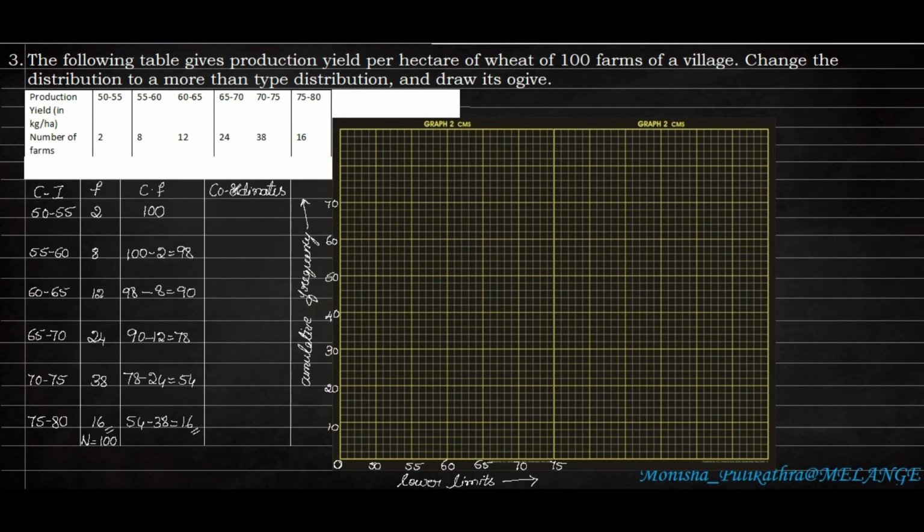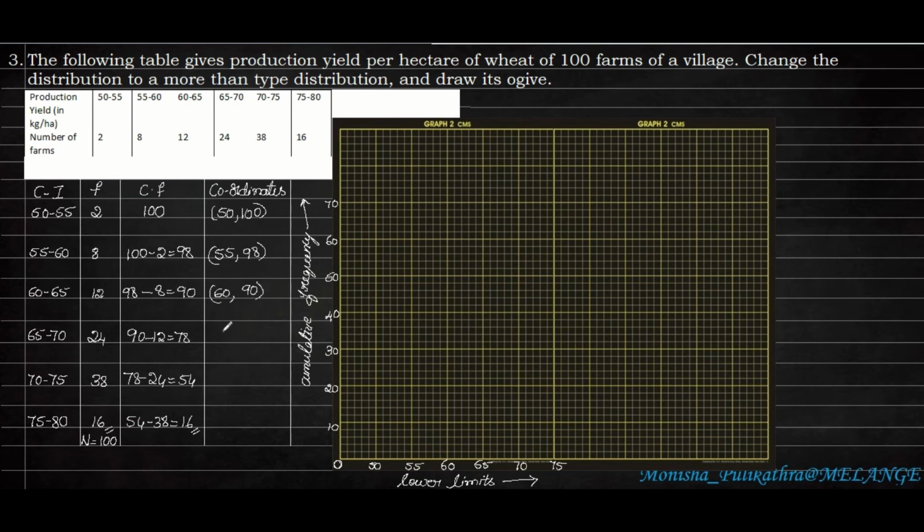Okay, so later we have to write the coordinates. Since it is more than type, we have to take the lower limit. So for 50 we have to take 100, and for 55, we have to take 98, and for 60 we have to take 90.